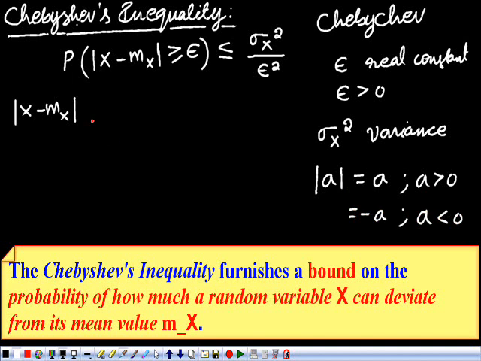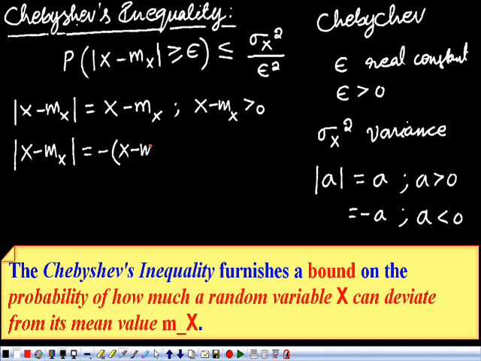So from that, this can be written as x minus mx when this quantity is positive, that is x minus mx is greater than 0, and mod x minus mx is equivalent to minus of x minus mx when x minus mx is negative, is it? We used this property of the modulus function.